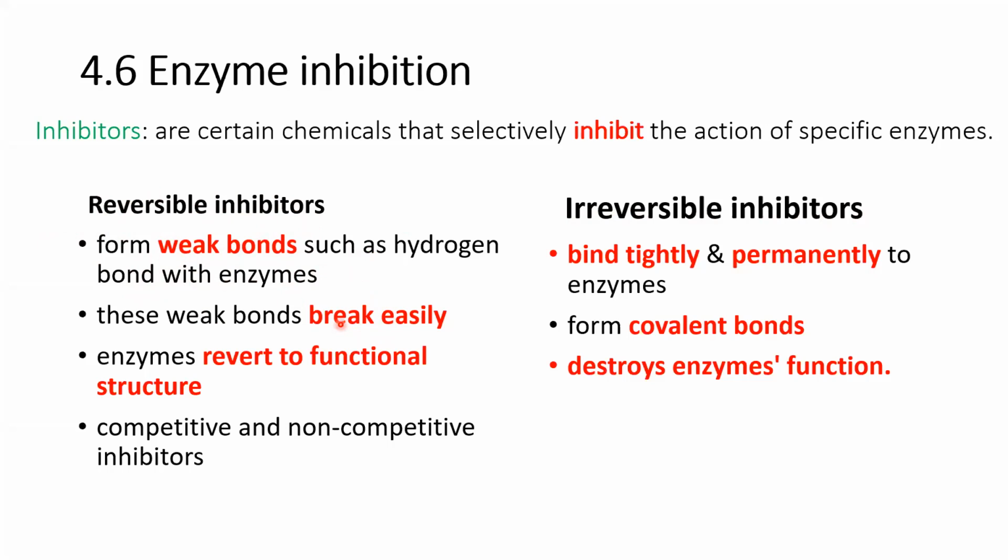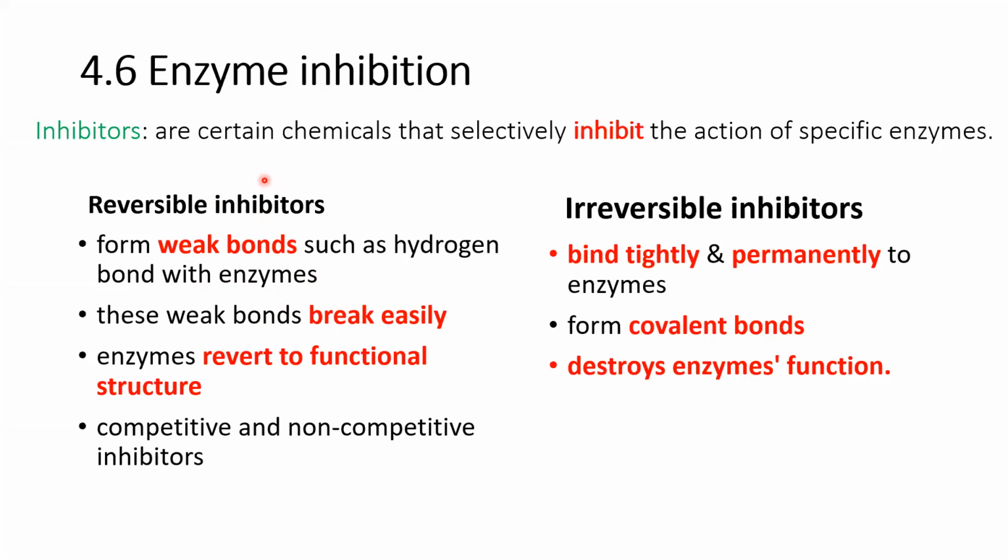As long as the inhibitor is bound to the enzyme, the enzyme cannot function or the rate of reaction becomes slower. But because the interaction is through weak bonds, this bond can easily be broken and the inhibitor can be detached and removed from the enzyme.